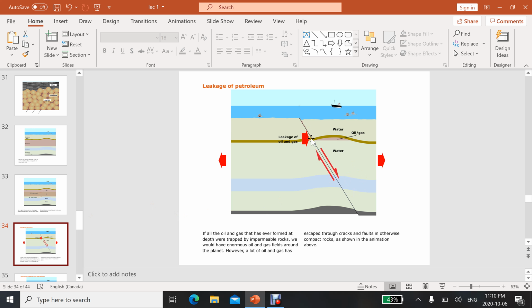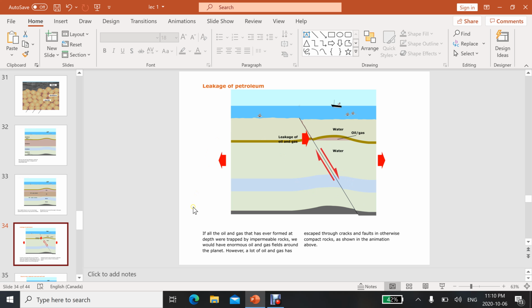Along this fault plane, if some reservoir is there, oil and gas can travel along it, meaning they can leak from this reservoir. So these structures are also important, and we will look at them in detail and see how they can be beneficial or how they are bad for a good reservoir.